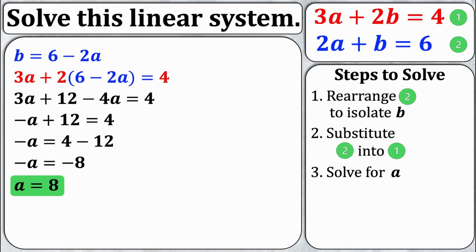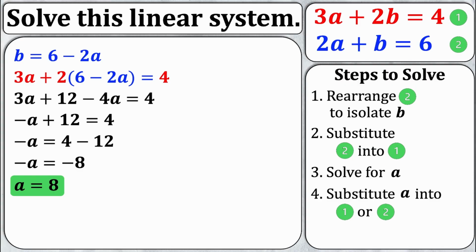But I'm not finished yet, because solving the linear system requires me to have the a value and the b value. Now I need to do step number 4, which is substitute the a value I just calculated into either equation 1 or equation 2. It doesn't matter which one you substitute it into, it's going to get you the same answer for the b value. So I'm going to substitute it into the rearranged equation that I made in the first step, because b is already isolated and ready to be solved for.